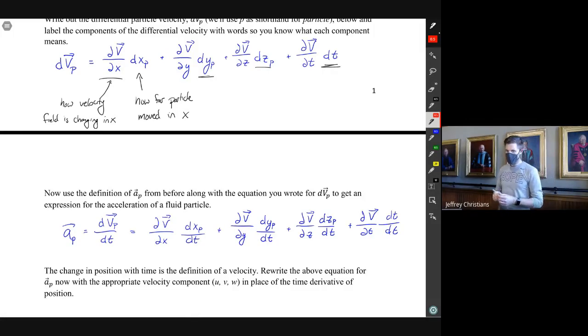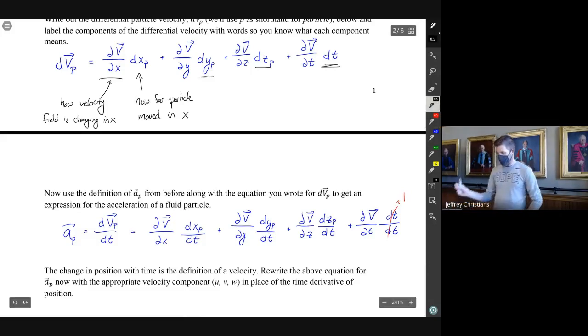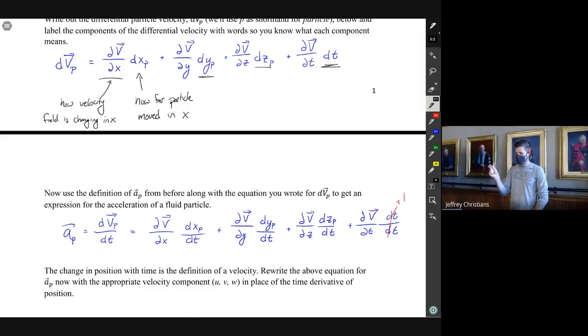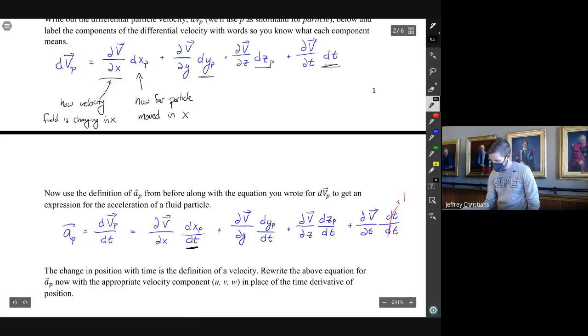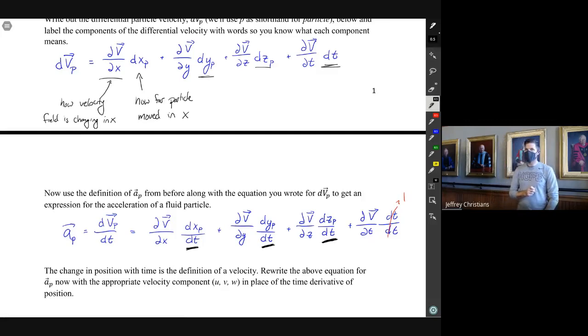Okay, a couple things. The first thing we can see is that the dt and the dt, that's just going to go to 1, dt over dt. The more interesting things are what happens with these terms. What are those?